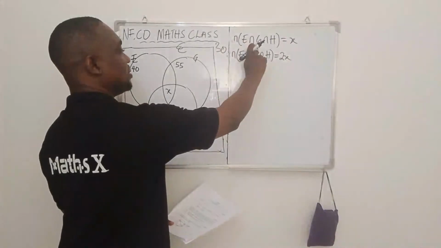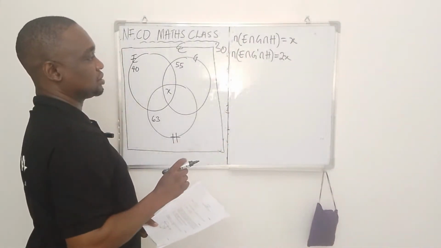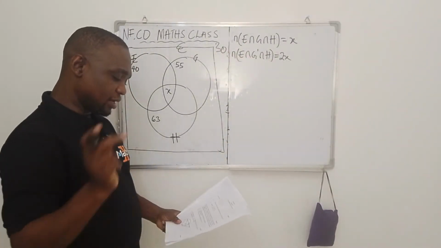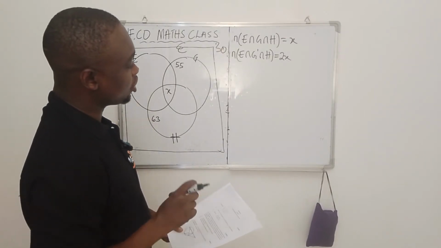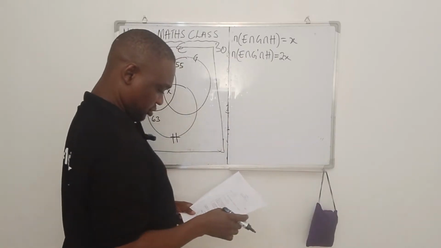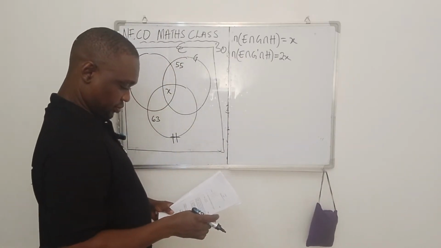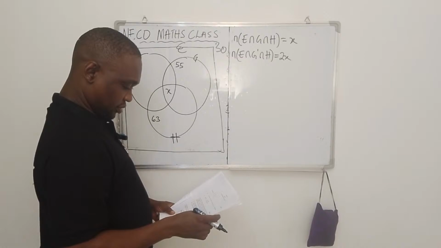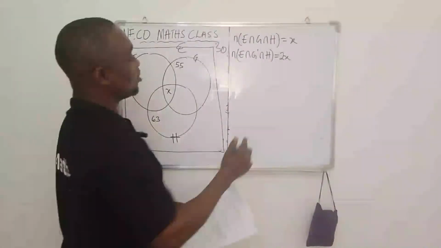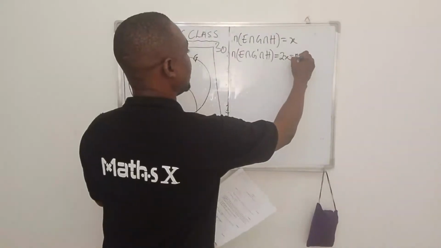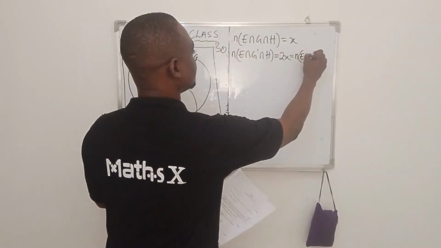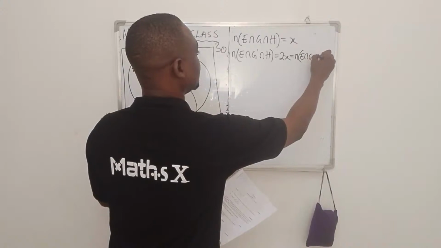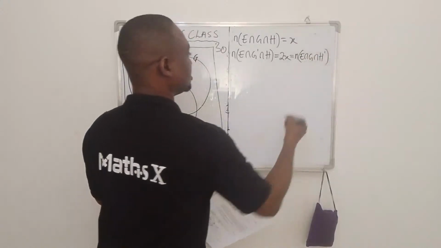So complement of government. Then also another 2X study economics and government. So n of economics intersection government intersection H complement.